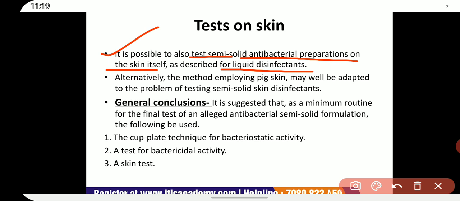A portion of the skin, the back of the fingers between the joints, is a useful spot, and it is treated with the test organism and the preparation is then applied, and after a suitable interval the area is swabbed and the swab incubated in a suitable medium.